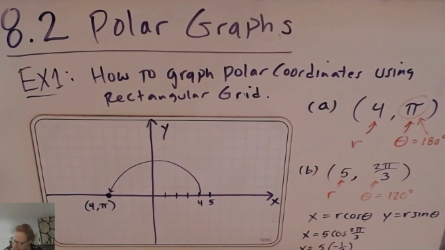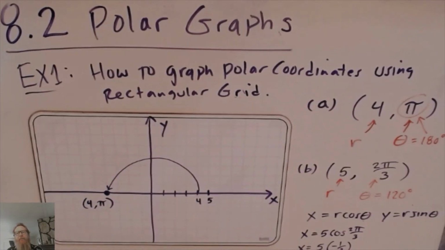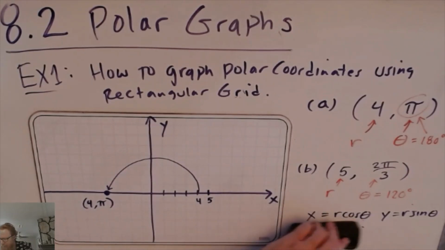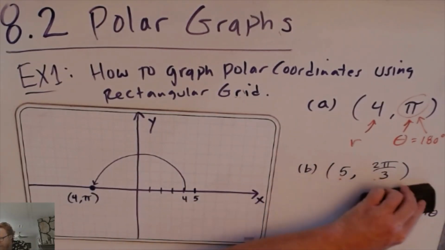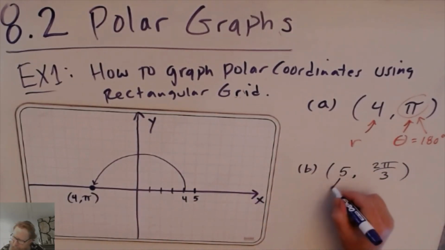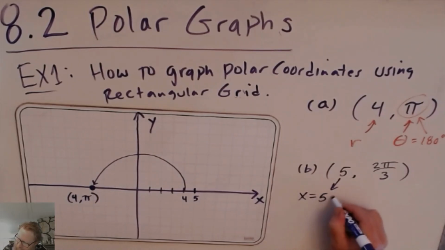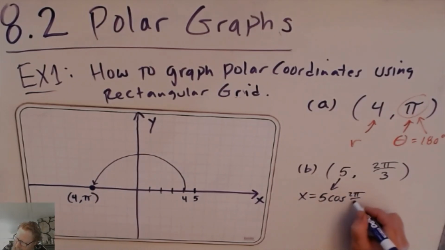So that'll be negative 2.5. Not sure if you can see that. No, you can't. Let me just draw it a little bit higher. x is 5 cosine 2 pi over 3.